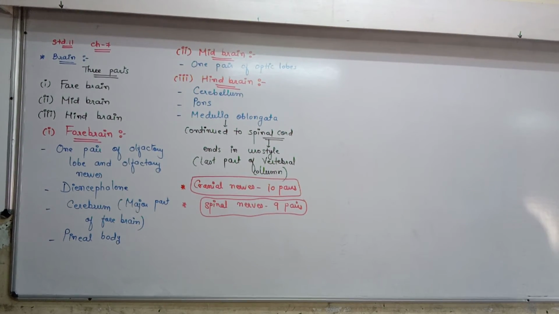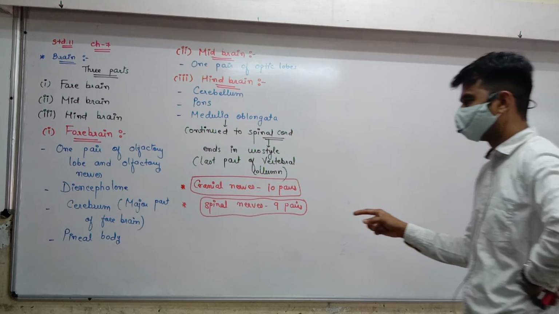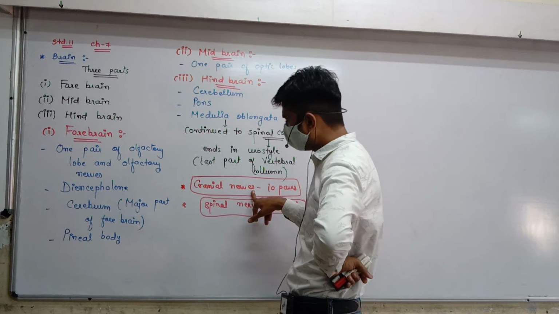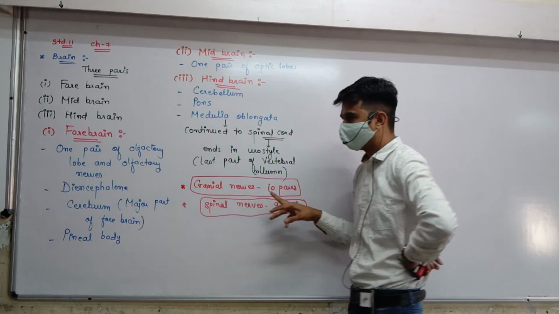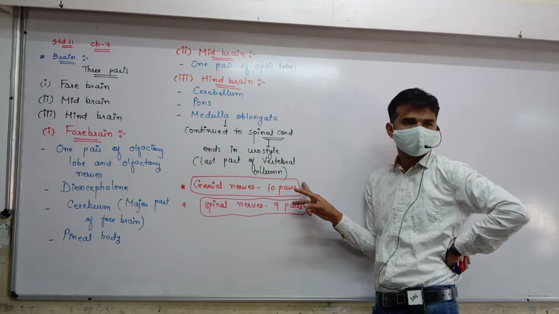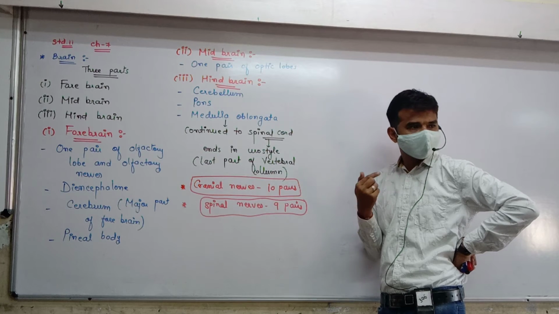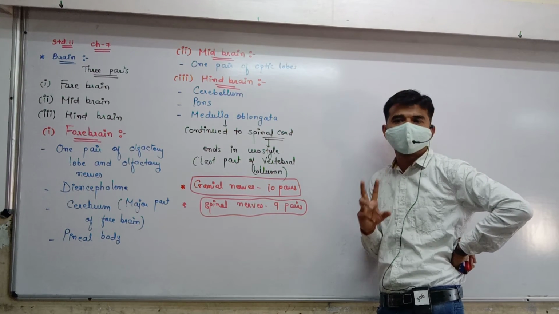See, in frog, the nerves originating from the brain are 10 pairs, and in our body we have 12 pairs.